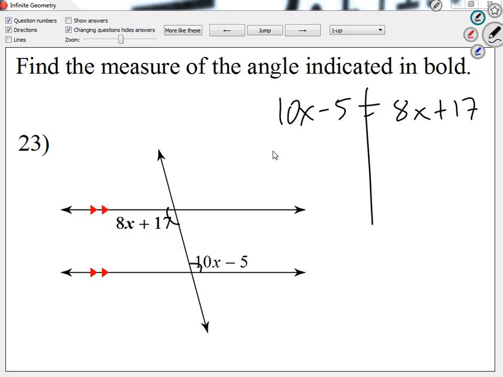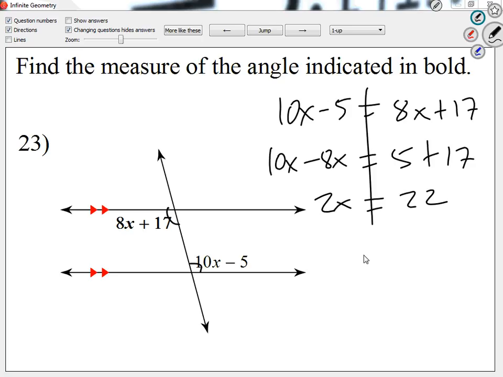So I will just write 10x minus 8x is equal to 5 plus 17. How much is 10x minus 8x? 2x. How much is 5 plus 17? 22. So 2x equals 22. What's x? 11.